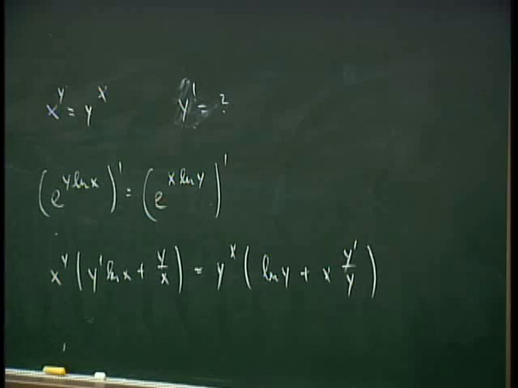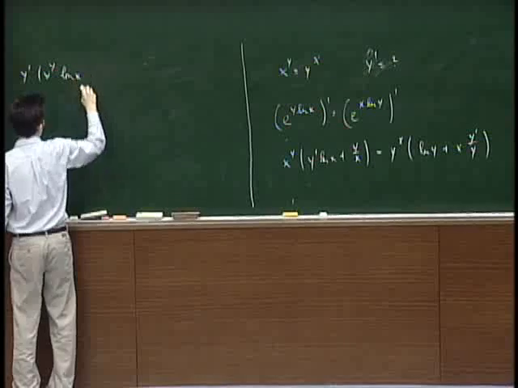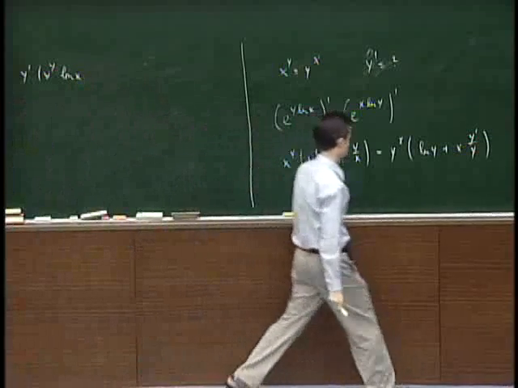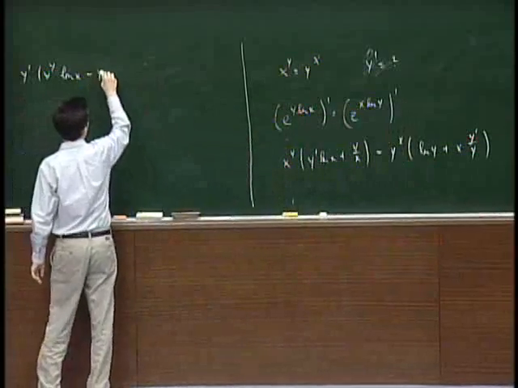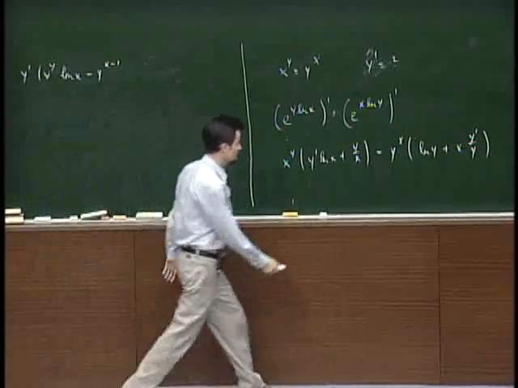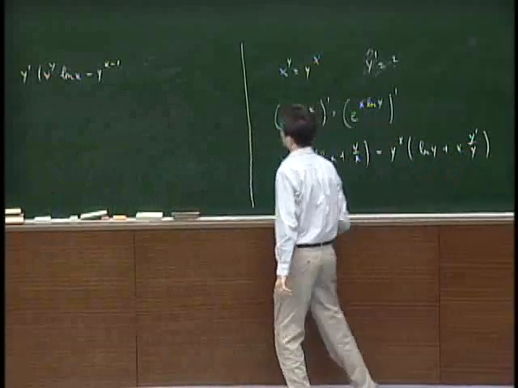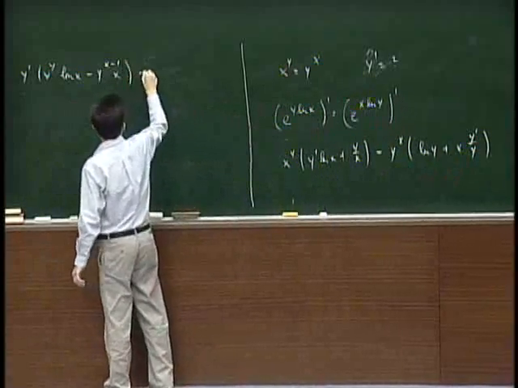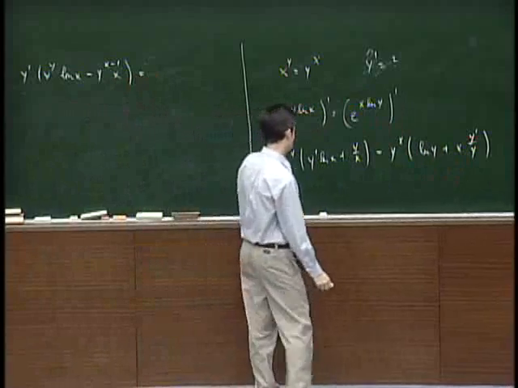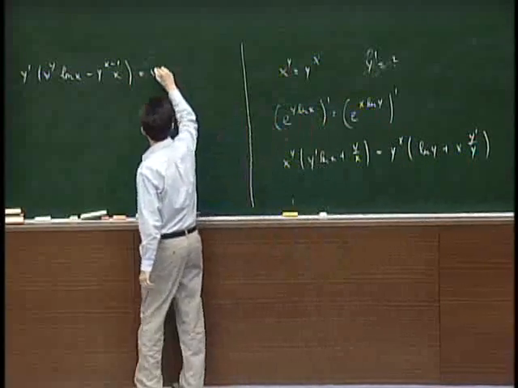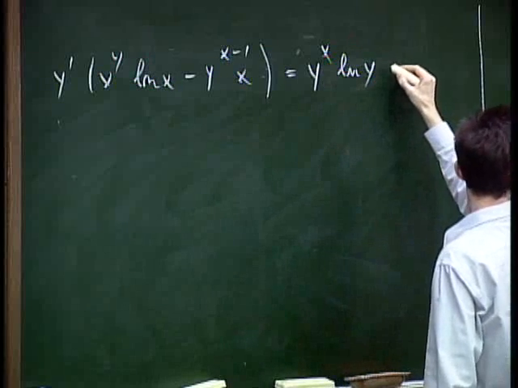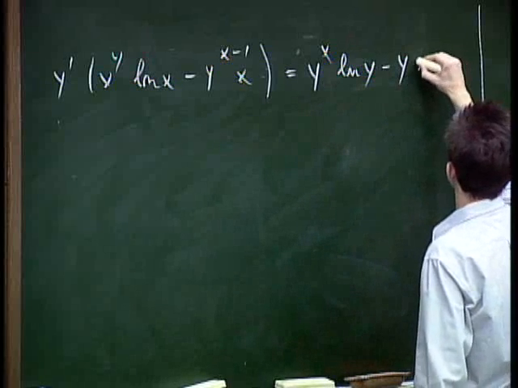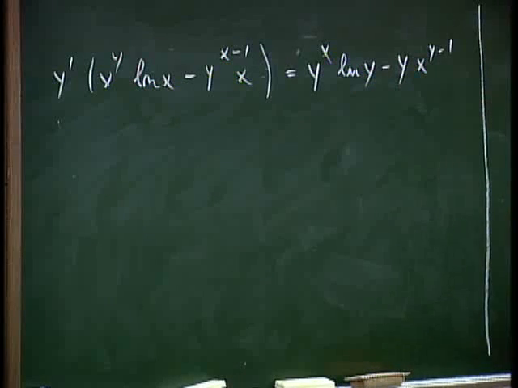So you see that the derivative of y times x to the y ln of x minus y to the x minus 1 from this here times x is equal to, and the remaining part is y to the x ln of y minus y x to the y minus 1.